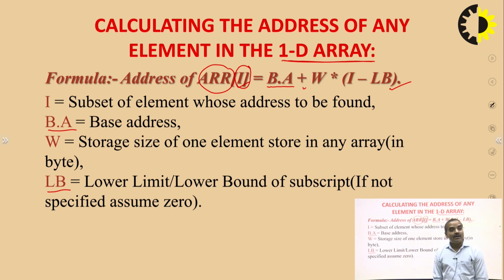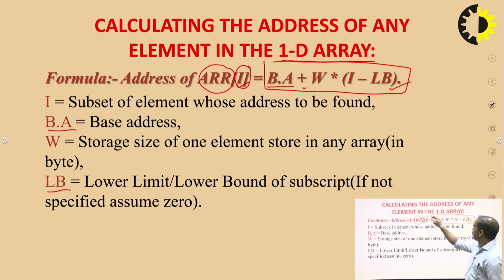UB is the upper bound of the given array. By using this formula, we have to calculate the address of the given element in the given array. This is the main formula: base address plus W multiply I minus LB.